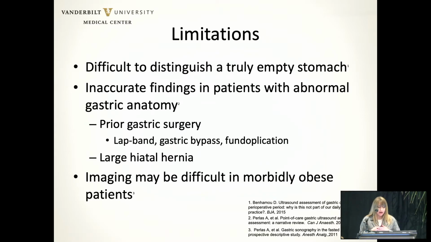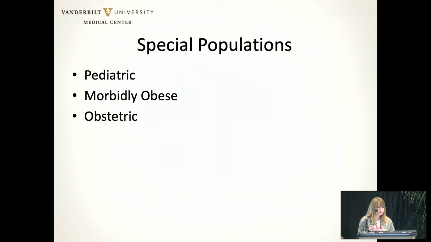And as with most things, imaging can be difficult in morbidly obese patients, although several studies have validated the findings. So the findings are accurate, it's just they're more challenging to image.